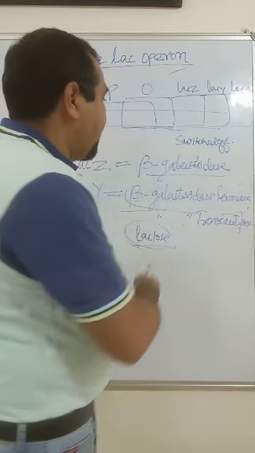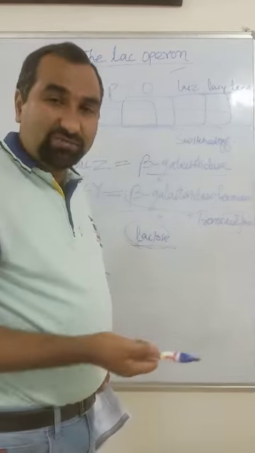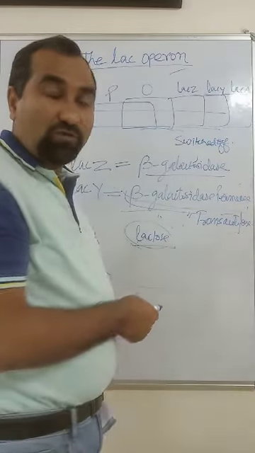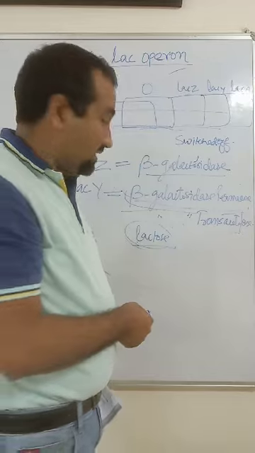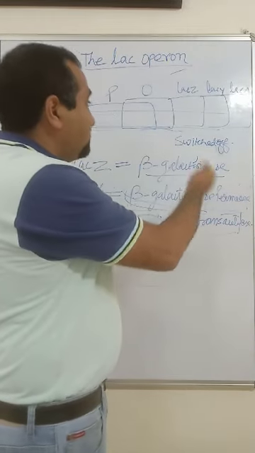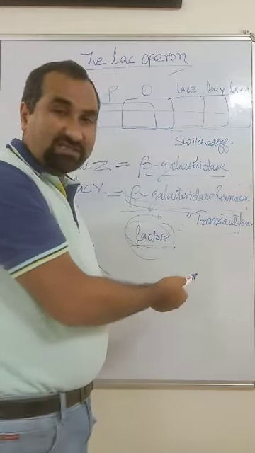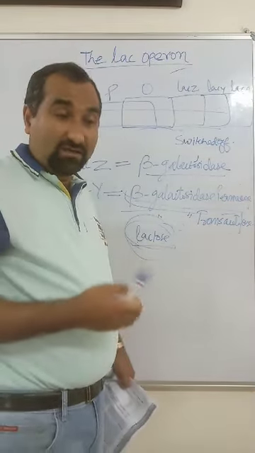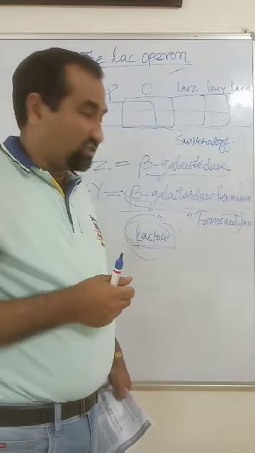So if lac operon is already switched off, then there is no production of beta galactosidase permease, and if the transportation of lactose does not take place inside the cell, then how will the lac operon start? This is a very basic problematic question.